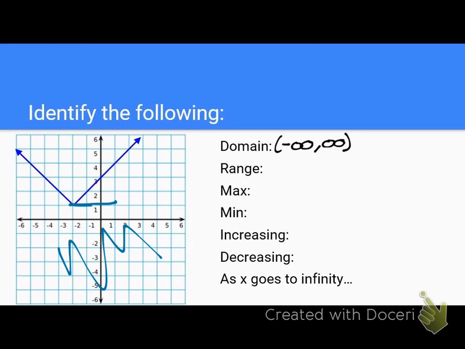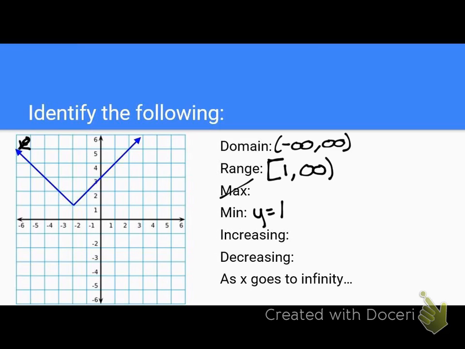Nothing's going on here. So my range is from 1 to infinity. And again, I bracket that 1 because it's included, right? That point exists. And it goes up to infinity, so that's the upper end of my range. Since it goes up forever, I don't have a maximum. And the minimum happens at the very low end of the range, which would be y equals 1.